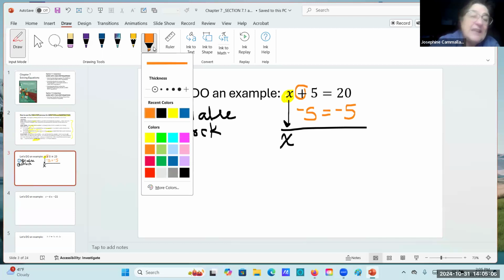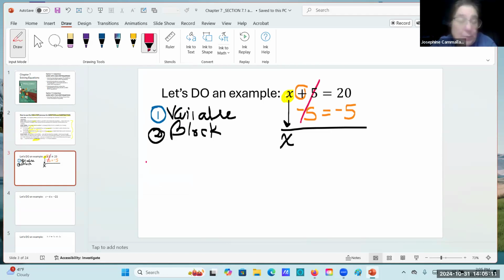The reason for that is I want to get this X, which I brought down in the block method below the bar, by itself, because a positive and a negative number are going to cancel out. Now, we're going to finish by going to the right side. I have a positive 20 and I have a negative 5. This will give me a positive 15. Since my X is positive, my answer for X is 15.